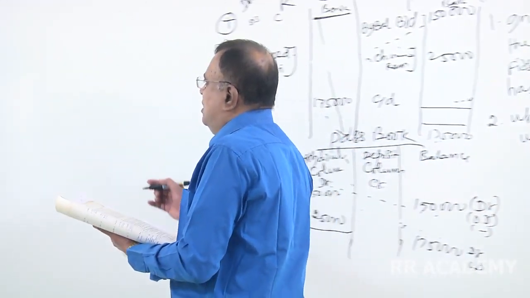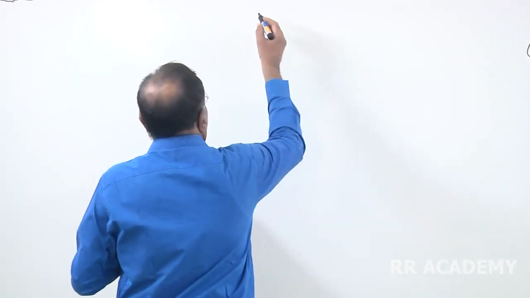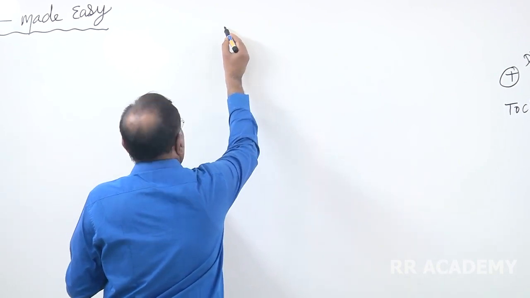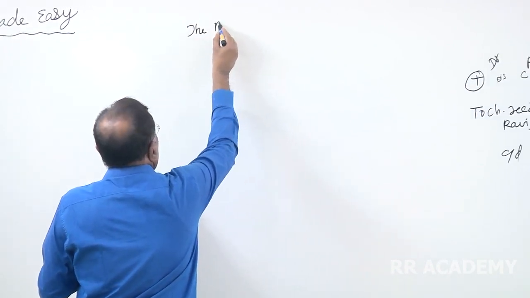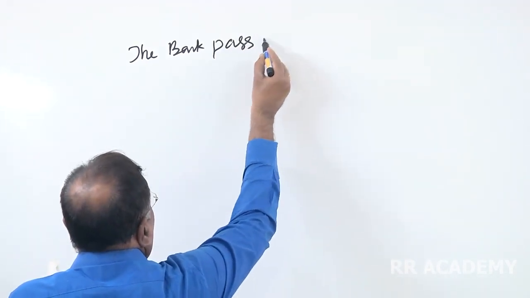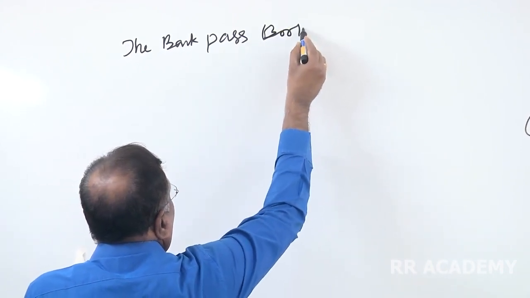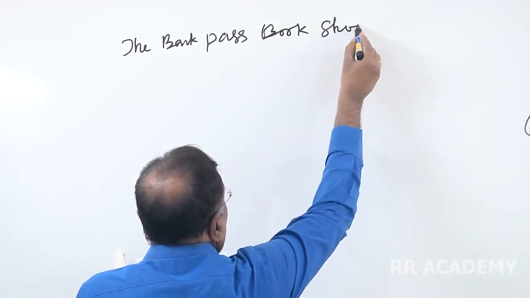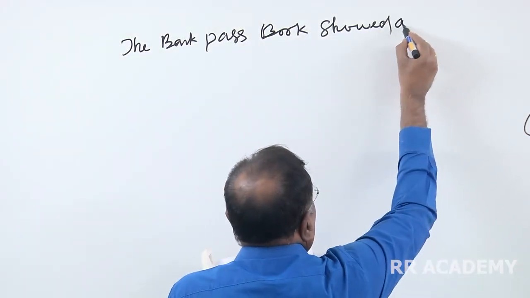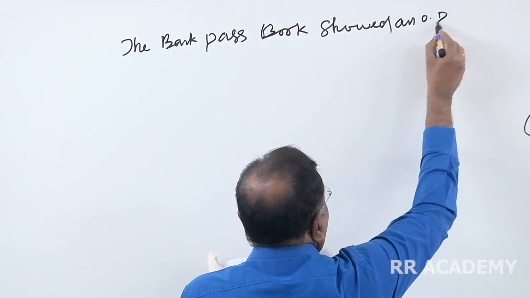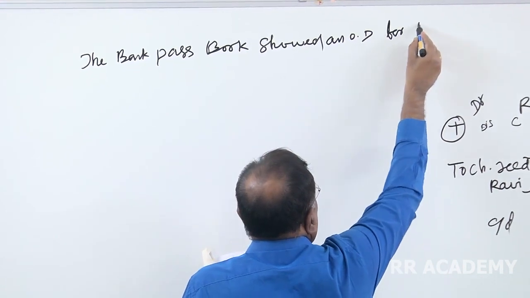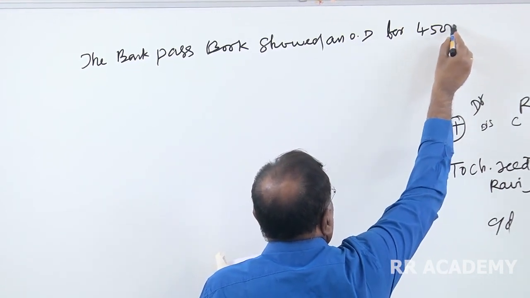Now, friends, one small sum I will explain. Yes, please copy down. The bank passbook showed an OD for 4,500.